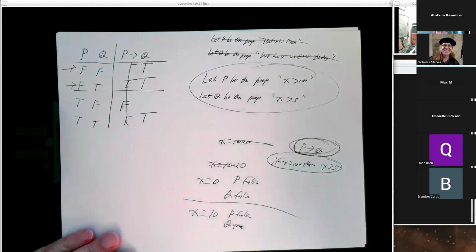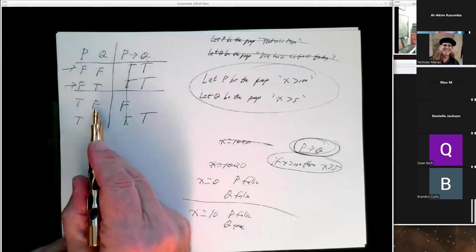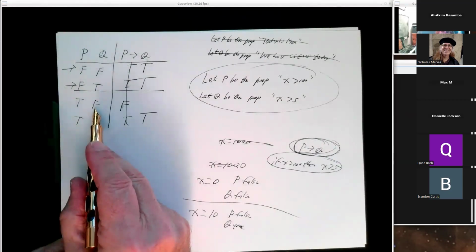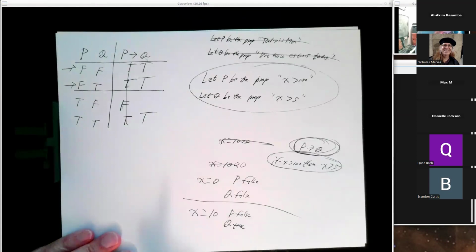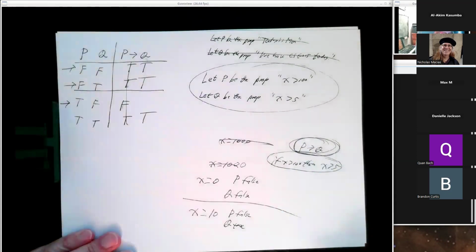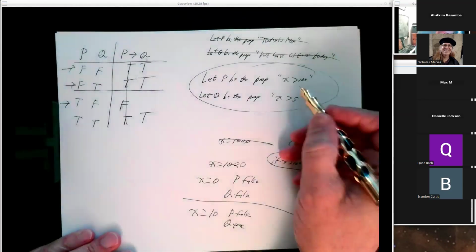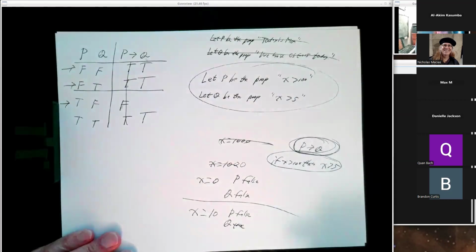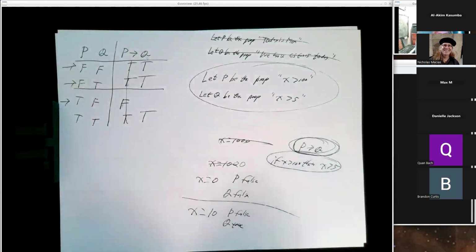Now, if I picked a value of X where this was true and this was false, I'd have a problem. But here's the question. Is there a value of X corresponding to this row? Can I find a number X that's bigger than 100, but not bigger than 5? Right?